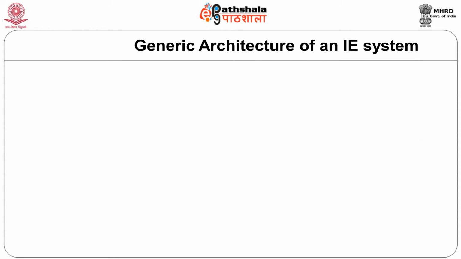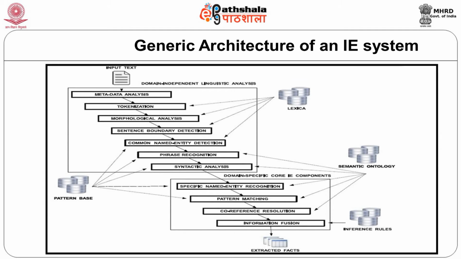So, let us look now at the architecture of IE systems. The generic architecture of an information extraction system is as shown in the diagrammatic view. As we can see, the origin is of course input mostly in the format of text from the internet, and there are various steps in between till we arrive at extracted facts.